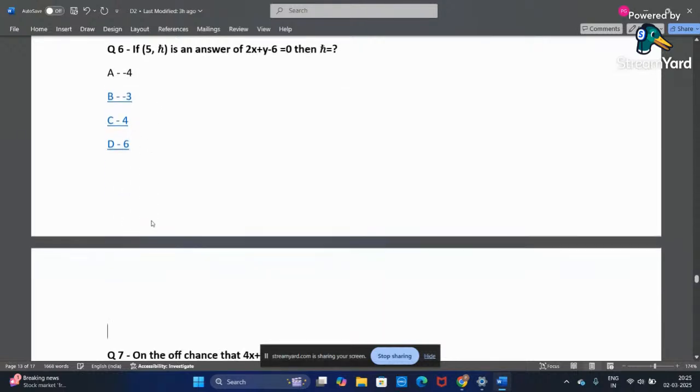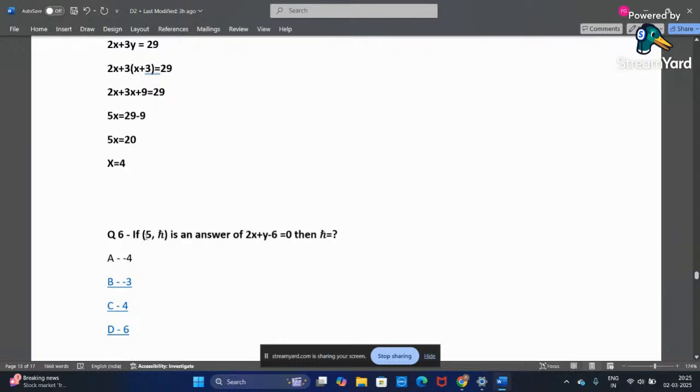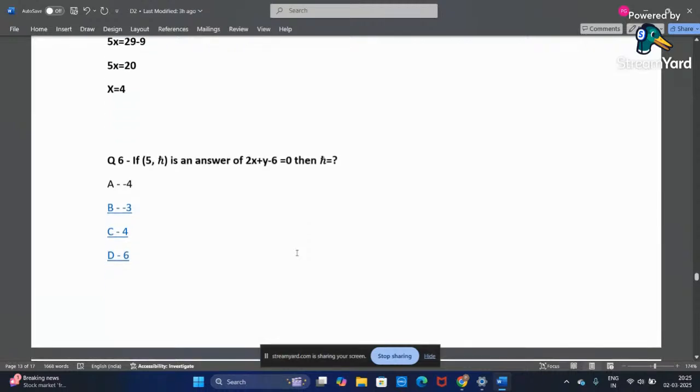Let us imagine that. See, this 5 is x and this h is y. Then they have given this equation. Then we need to find h. Try this. In the x place, we have to substitute this 5 value.